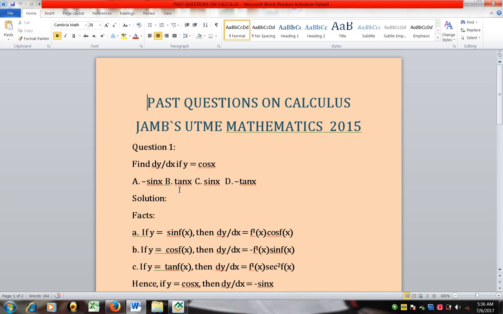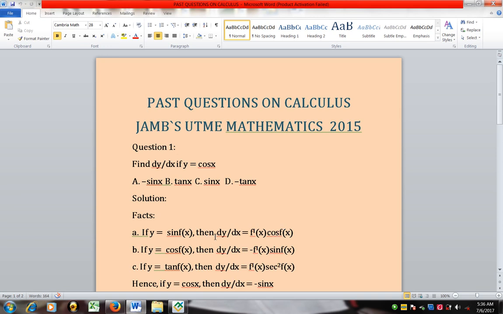Now, the fact that we need to know is that if y is equal to sine of a function of x, then dy/dx will be equal to f prime of x cos f of x. What does that mean? f of x is a function, so we'll differentiate this f of x and then change this sine to cos.